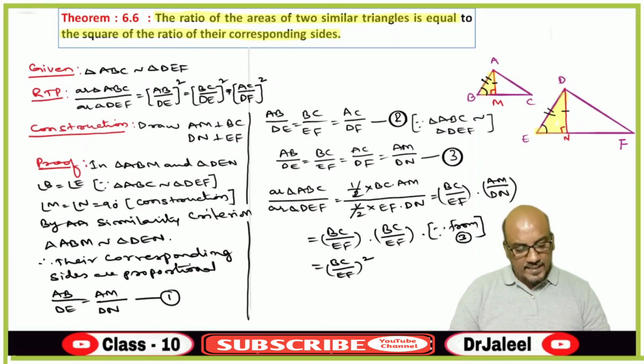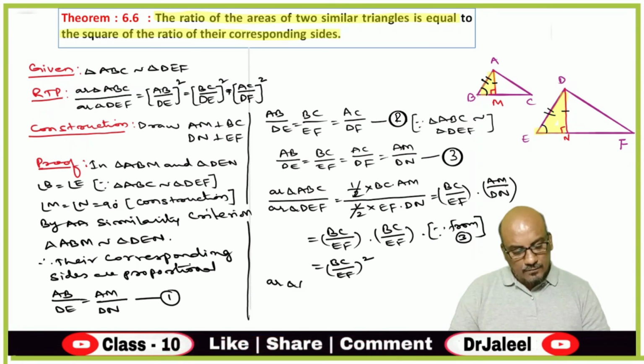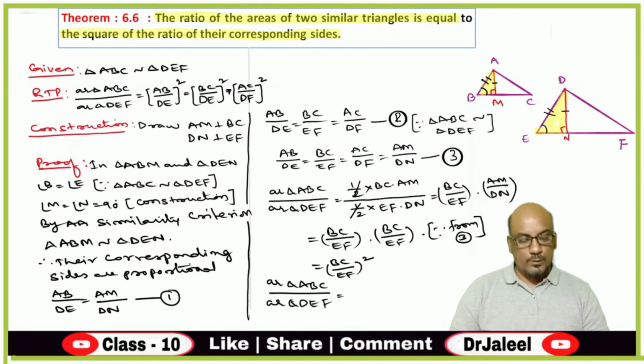Now let's give the final statement. Area of triangle ABC by area of triangle DEF is equal to, what did you get? BC by EF. And this BC by EF is equal to what? AB by DE and AC by DF. So when it is equal to the square of the ratio of one side, then automatically it can be applicable for all.